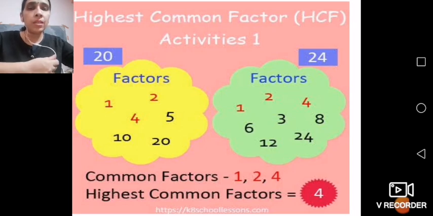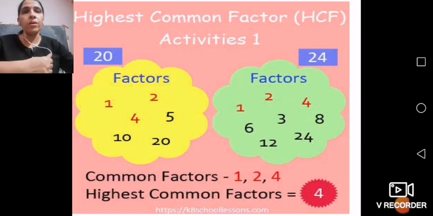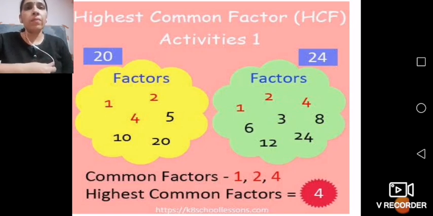Yesterday we saw how we can find common factors of two numbers, and after finding common factors, we can find the HCF of the given two numbers. Today we will see this through an activity which you can see on the screen right now.